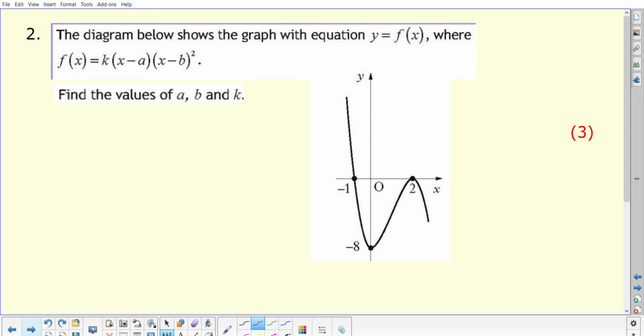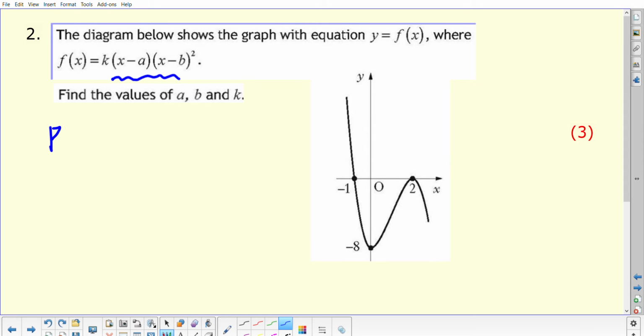For number 2, it's clearly a polynomial function, and they're actually telling you the format of the equation. And notice that there's a square on one of the brackets, and remember that this bit here, your bracketed term, that's to do with your roots.